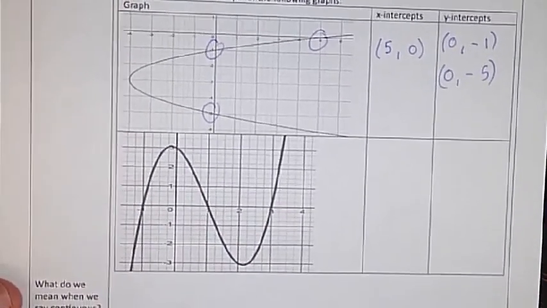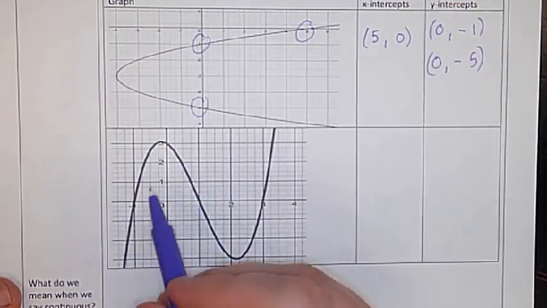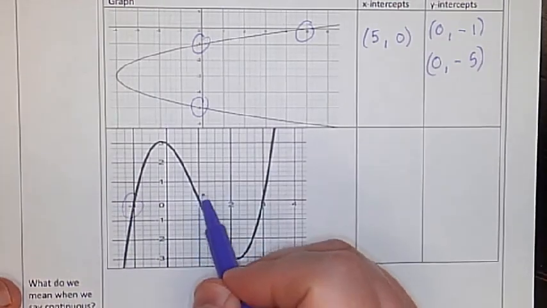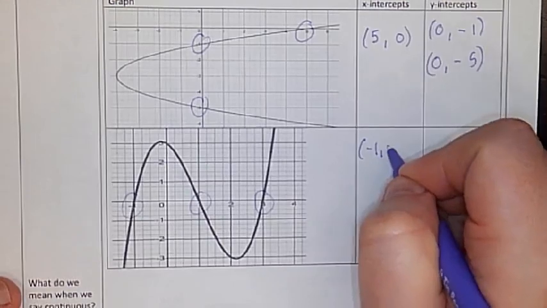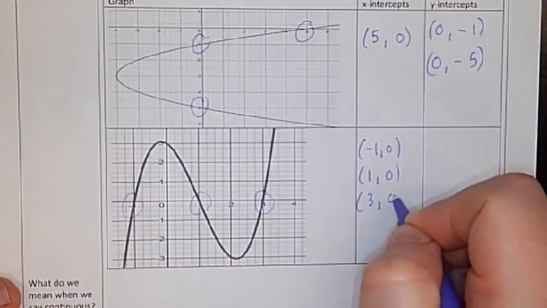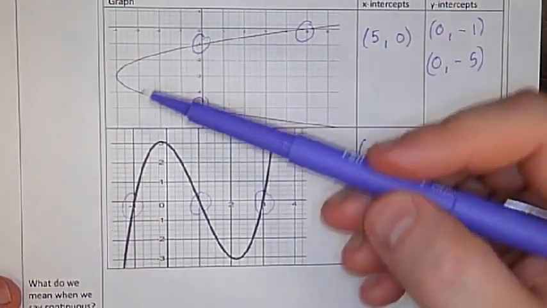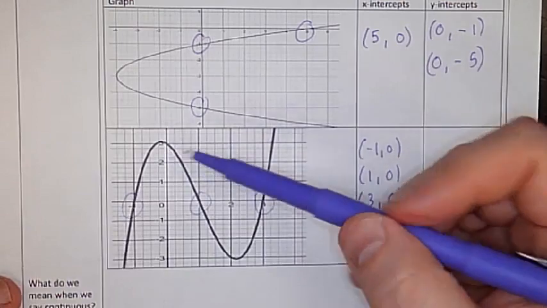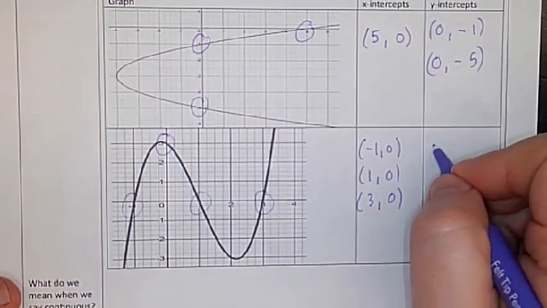Looking at my second graph here, again, I'm going to go through the x-intercepts, so I'm just going to follow along the x-axis, and I identify 3 points: (-1, 0), (1, 0), and (3, 0). When I'm looking for y-intercepts, again, I am just going along the y-axis, and I notice that it crosses there at the point (0, 3).